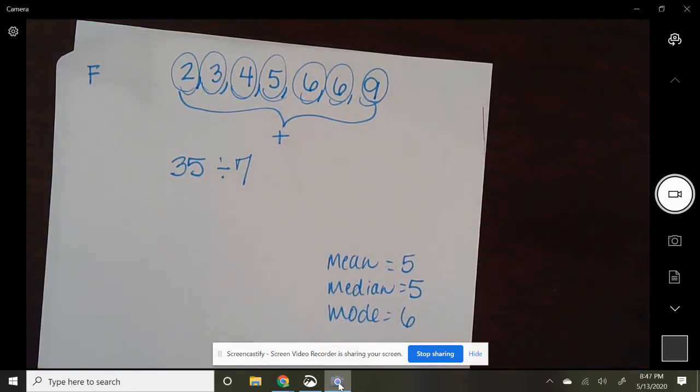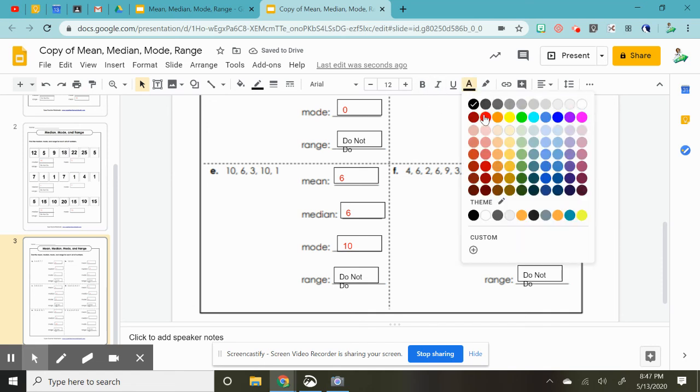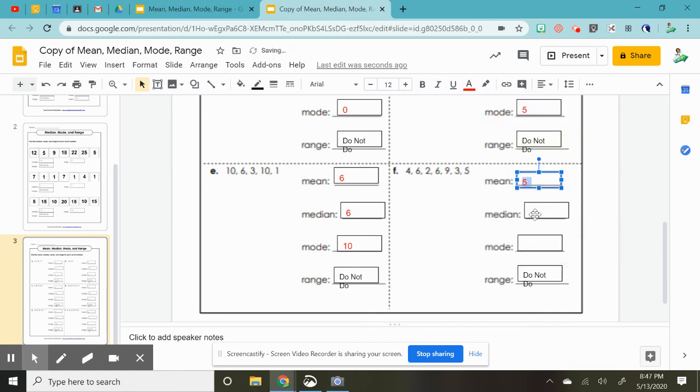So I'm going to go back into my worksheet and put 5, 5, 6 in there.